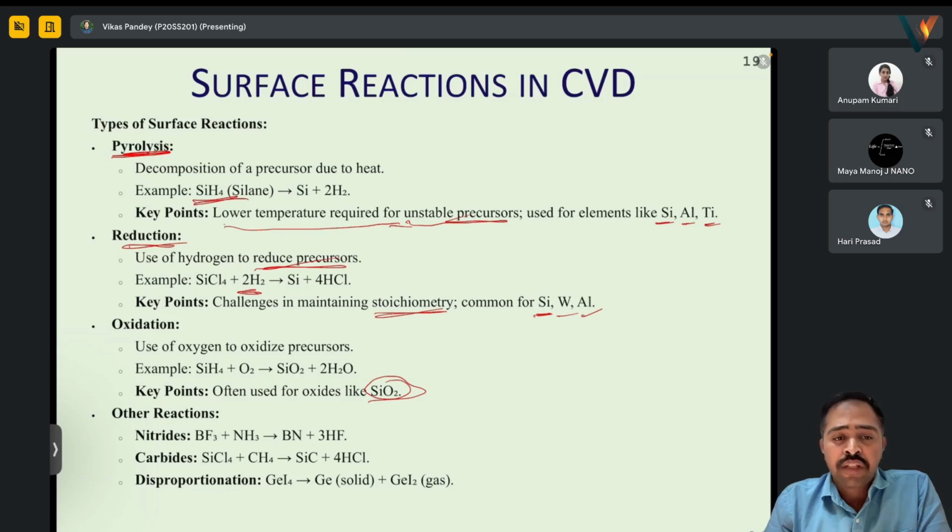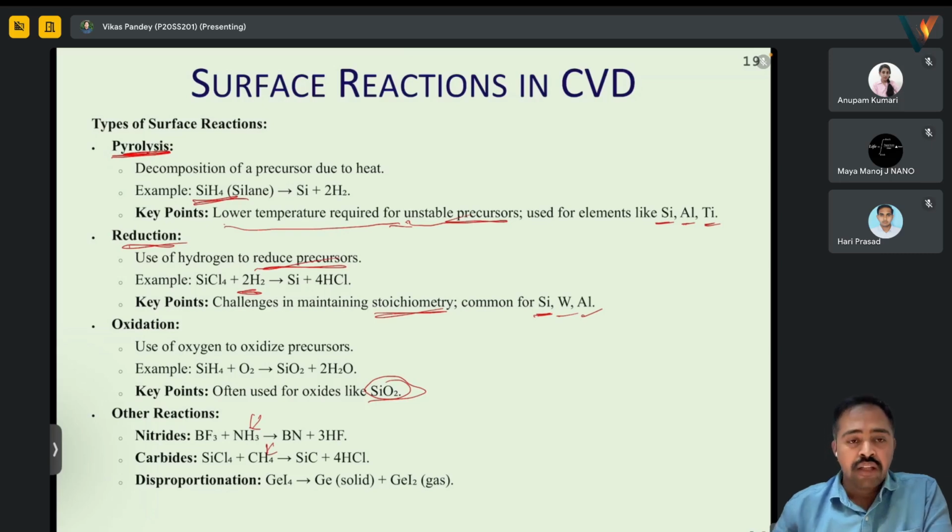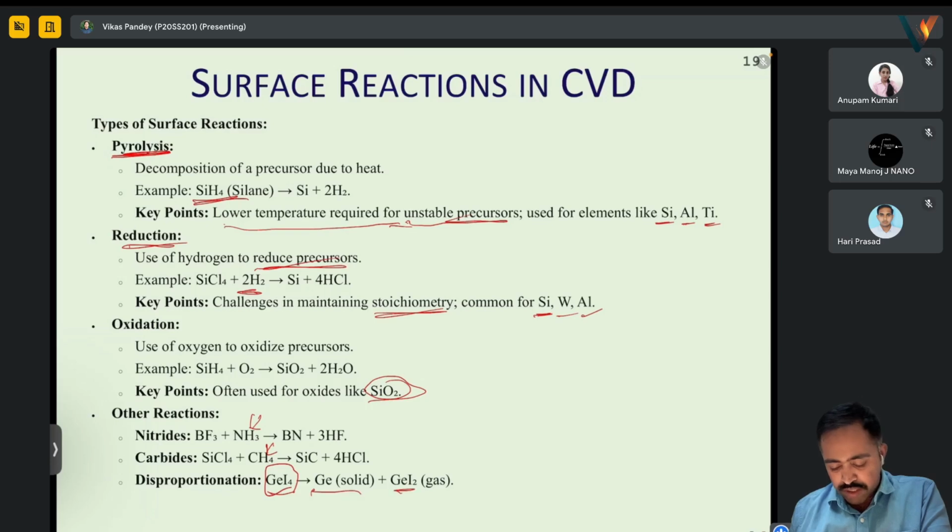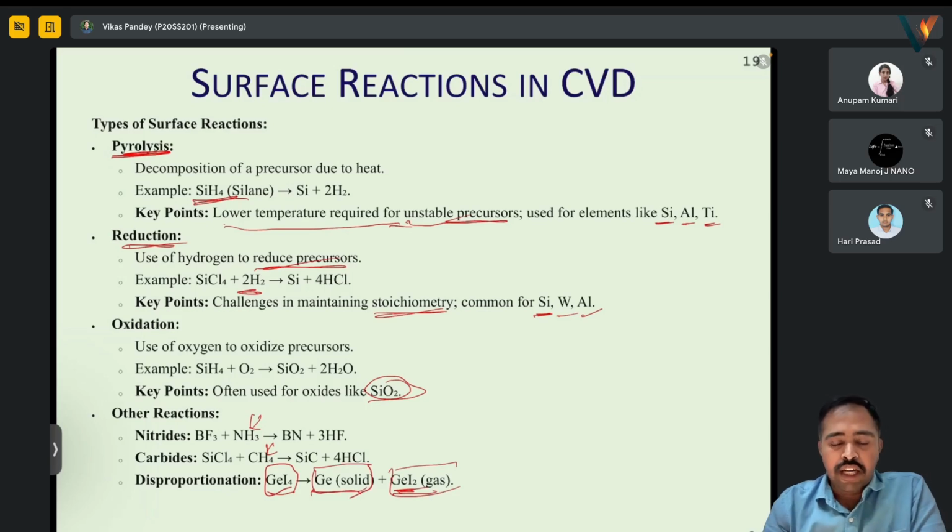There are some other reactions also, like nitrides, where ammonia is used, carbides, where CH4 is used, or there can be some materials where disproportionation can be there, where the same material, no other precursor, is broken into two materials, like germanium and germanium GeI2. So such reactions can be there, and based on these reactions, the CVD will work.